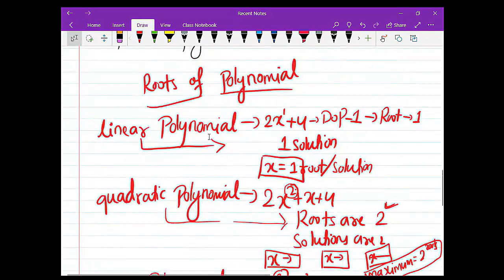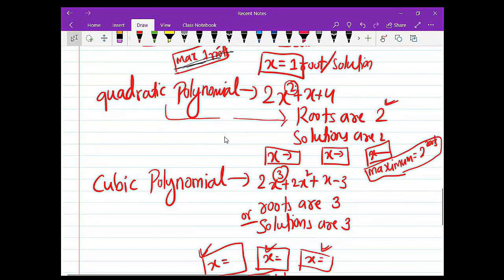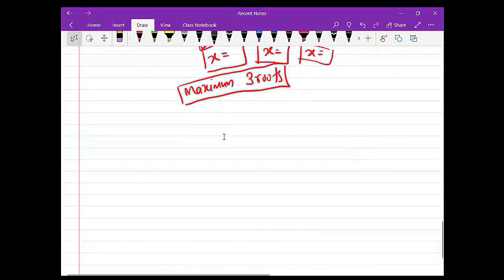And for linear polynomial, that is maximum one root and only one root. Maximum one root or maximum one solution. Okay, carefully remember this one, and I am editing here. Maximum one root, quadratic polynomial maximum two roots, and cubic polynomial maximum three roots.